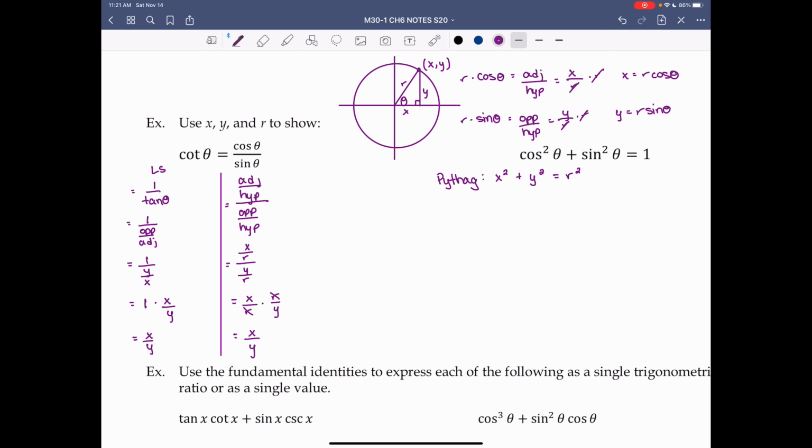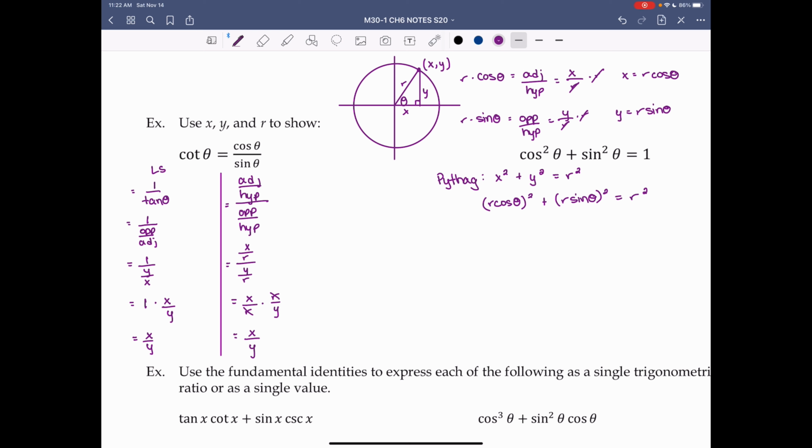But we said right here that x is equal to r cos theta, so we put that in. (r cos theta) squared plus, and y is equal to r sine theta, so we sub that in for y. (r sine theta) squared equals r squared.